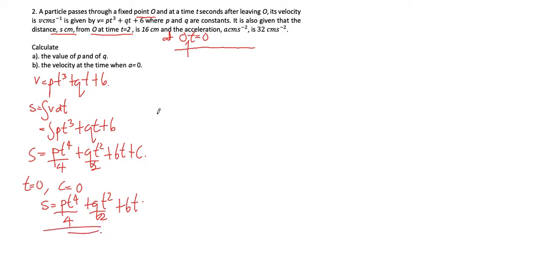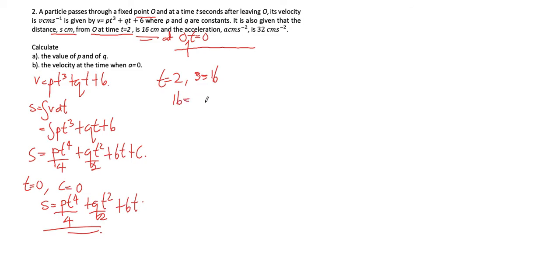Now, the other information here is when t equals 2, the particle has already covered a distance of 16 cm. So s equals 16. Let's substitute the information that we have.